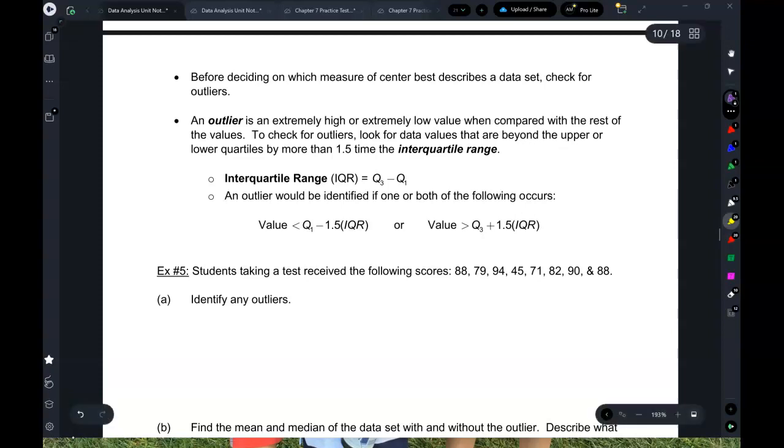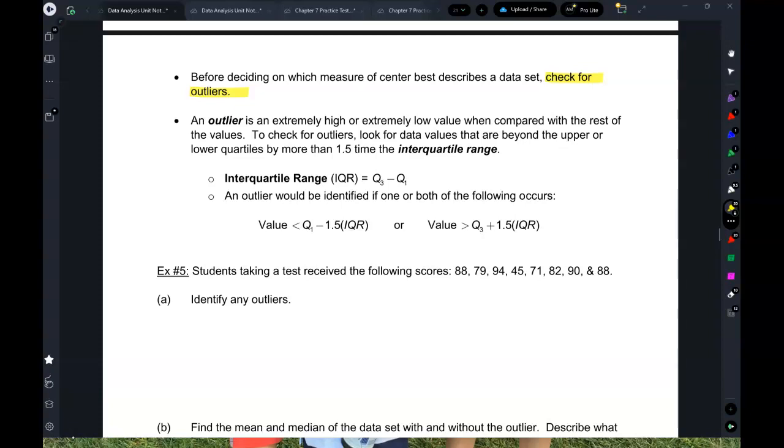Also, before we decide which aspect to use, we have to check for outliers. An outlier is a score, or a data point, that is really, really high or really, really low. But you can't just subjectively decide, oh my God, that seems too high, so that's an outlier. No, there is a metric, an actual formula, because this is math.